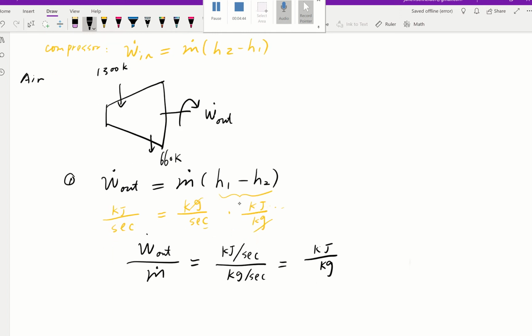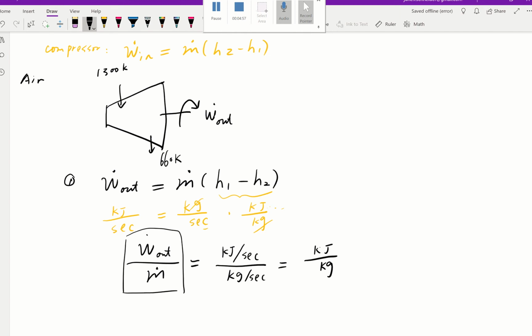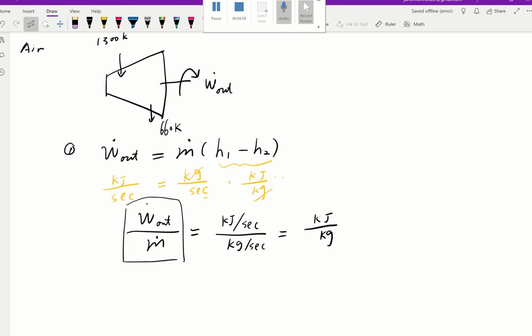So the next time we see something asking about work per unit mass, we know it's this. That will also be equal to H1 minus H2 from this equation. So essentially, this problem is basically asking for H1 minus H2.